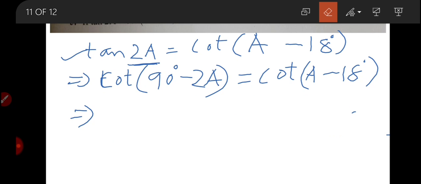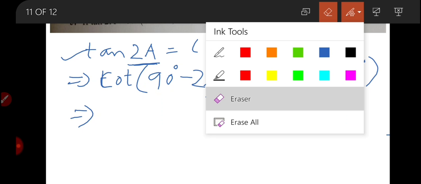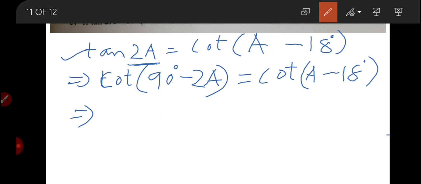So now see, here 90 degree minus 2A, this angle, and A minus 18 degree, both are acute angles. So we can write they are also equal.